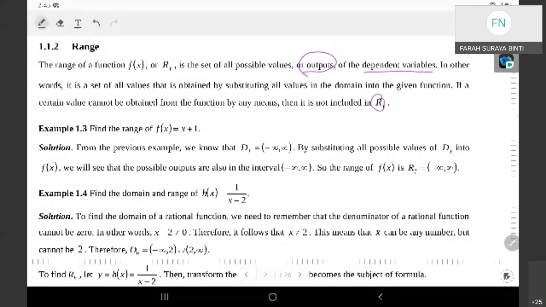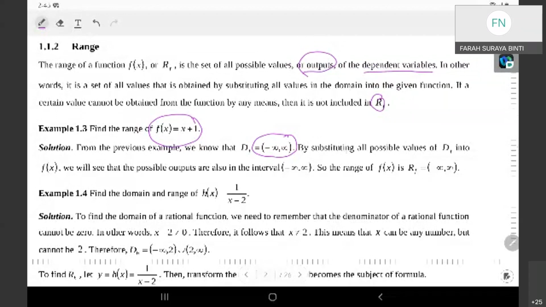For example, we want to find the range of this function. Okay, the same function as example 1.1 tadi. So from the previous example, we know that the domain of this function is from negative infinity until infinity. Okay, macam tadi. Dalam example 1.1, dah explain tentang tu tadi.